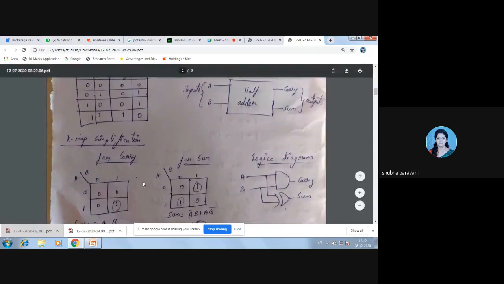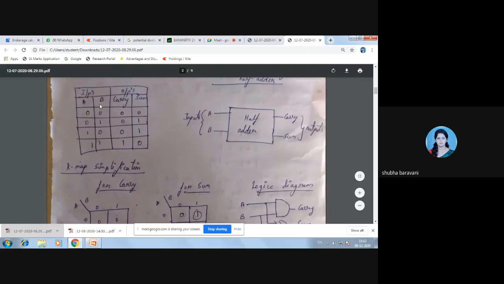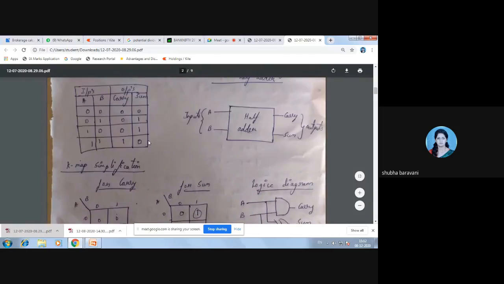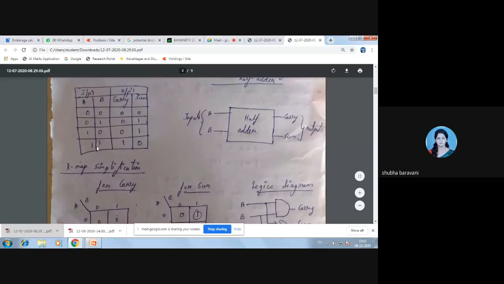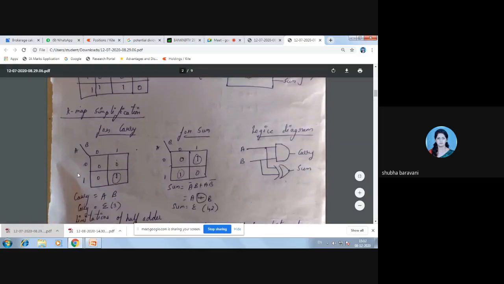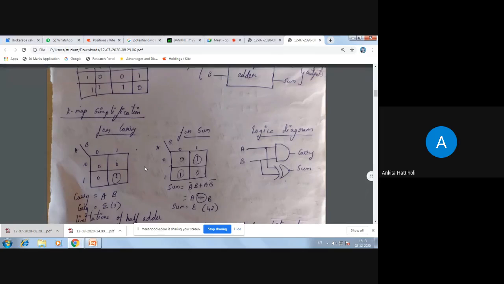Okay, so for this carry and sum, we'll put the K map. Carry के लिए we have put the K map, right? A and B are inputs. So carry is 1 only for the combination 1 1. So 1 1 की जगह 1 डाला मैंने. K map, you all are able to understand? Yes, ma'am. When you simplify this K map, we get carry as AB since there is only one 1 here.